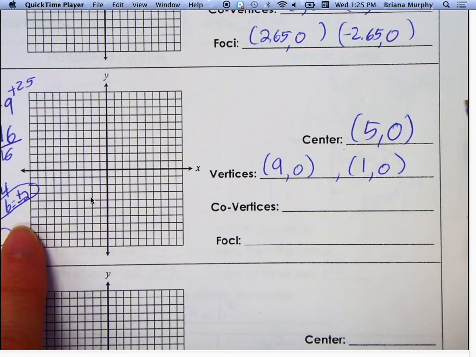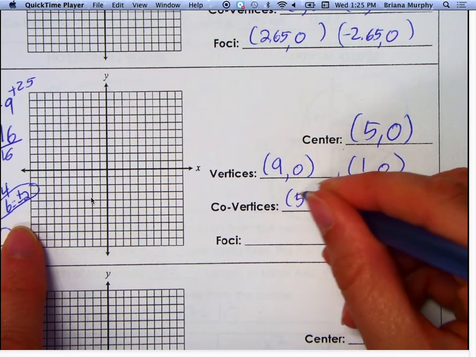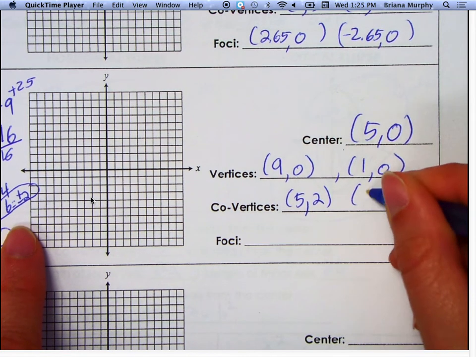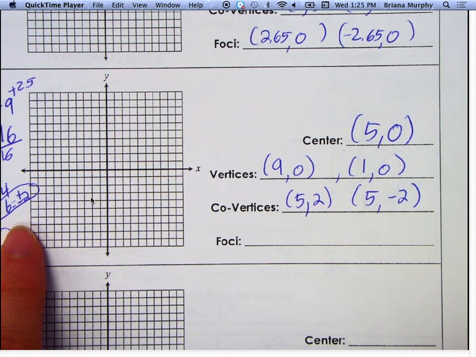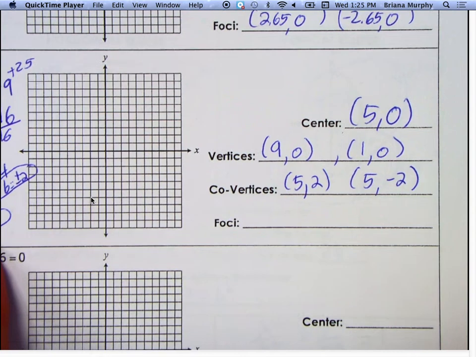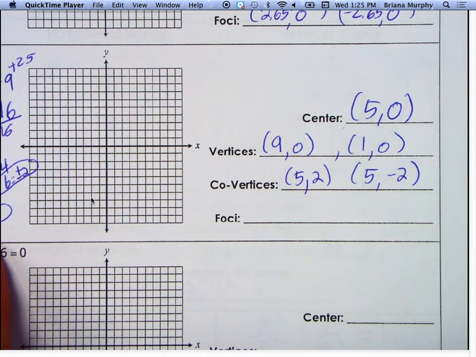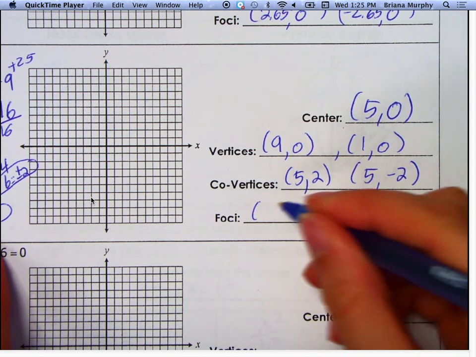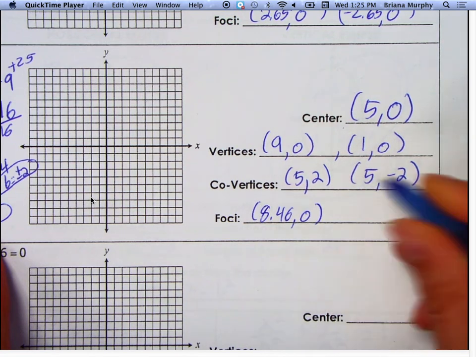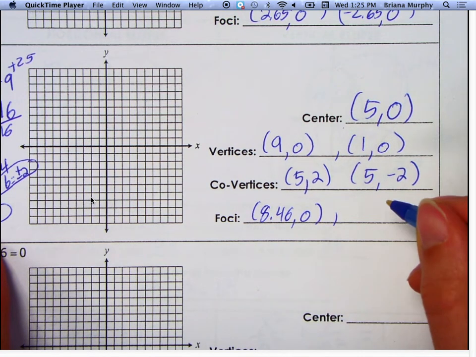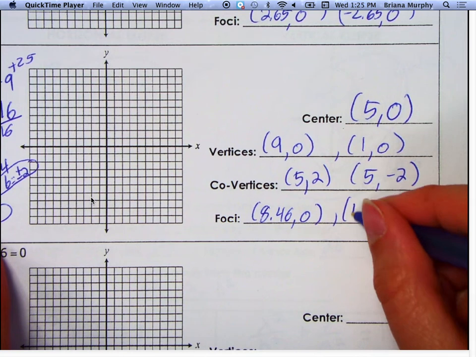So the co-vertices are just going to be 5, 2, and 5, negative 2, right? The focus points, do they go in the x spot or in the y spot? X. So I'm going to have 3.46 plus 5, which is 8.46, 0. And negative 3.46 plus 5, which is going to give me 1.54, 0.